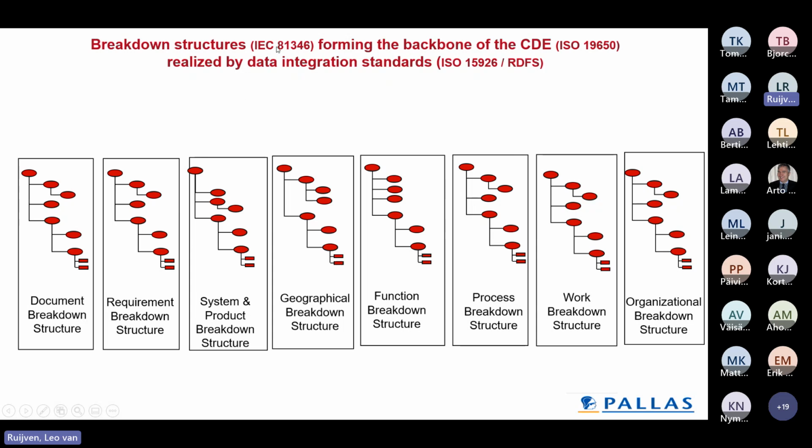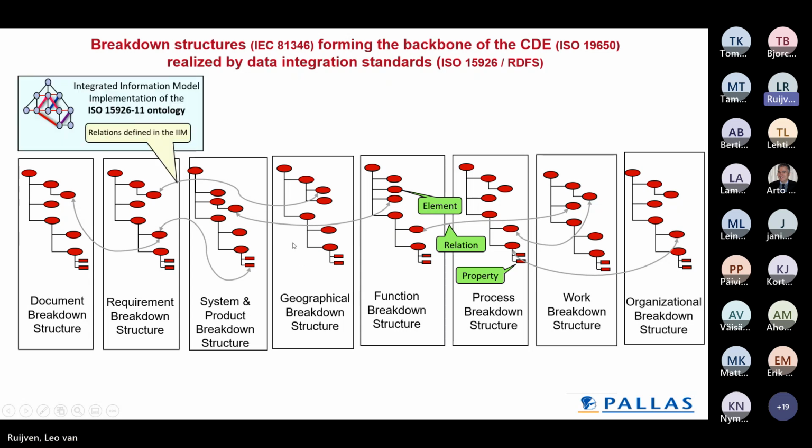This is also in line with the ISO 81346 standard. Secondly, we make relationships between the elements of those structures by semantic relationships, and we characterize the elements by giving properties to them. The relationships are defined in ISO 15926 part 11, and together we created for this project an integrated information model.